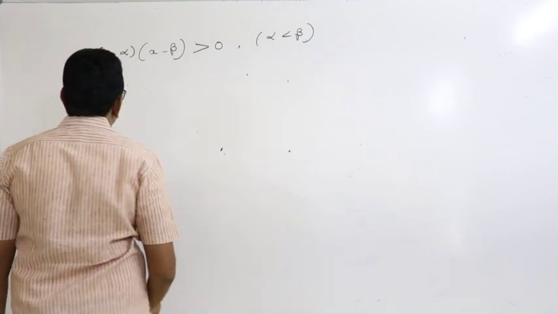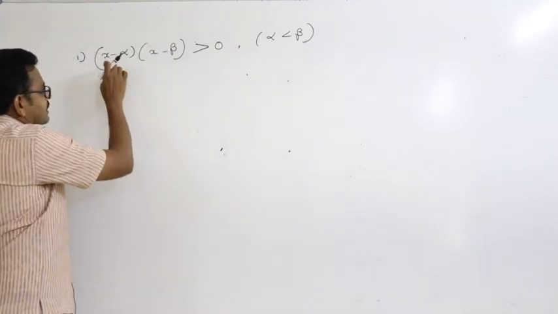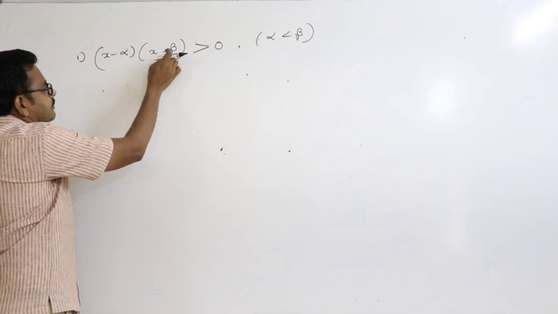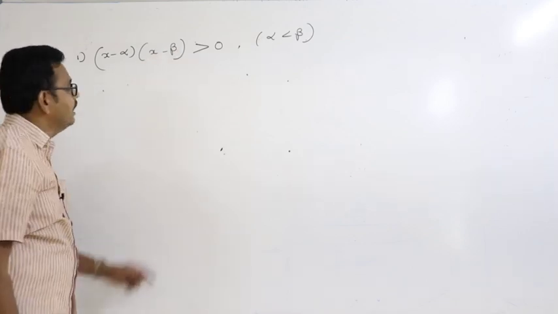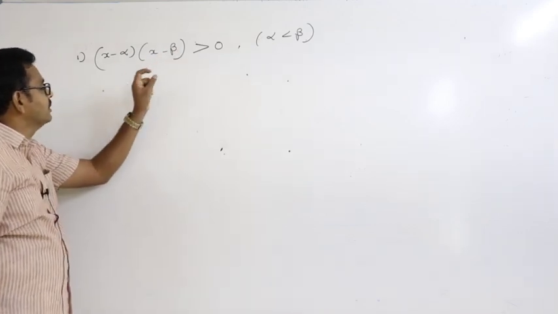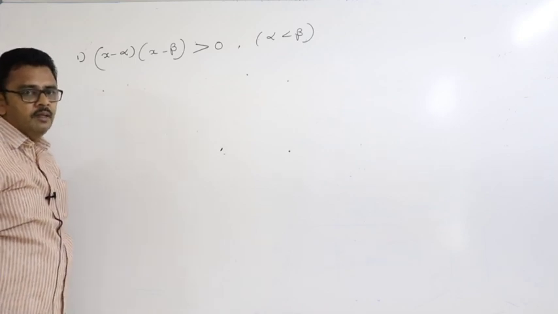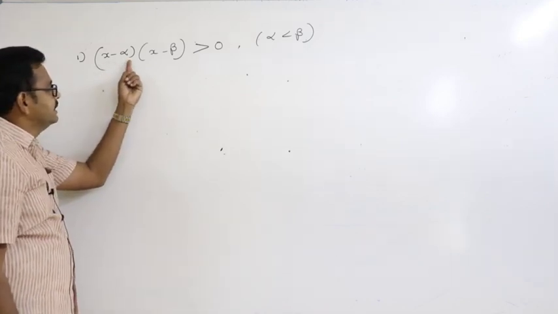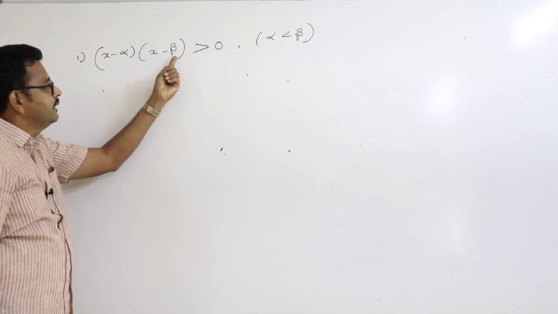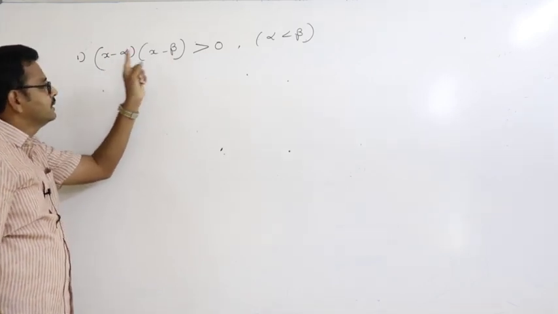Alpha less than beta. The expression x minus alpha into x minus beta, where alpha and beta are the roots. That means x minus alpha is equal to 0, x minus beta equal to 0, x equal to alpha, x equal to beta.